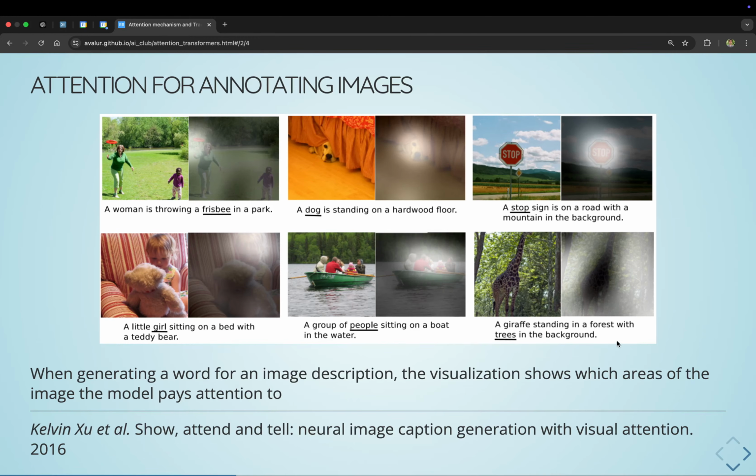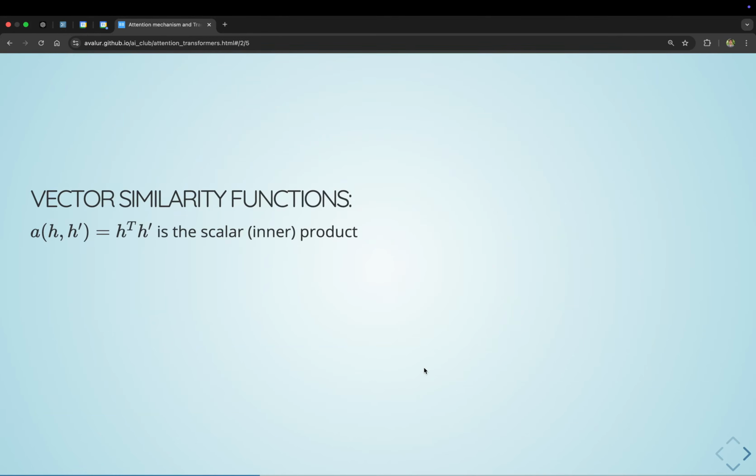Then we generate the word trees, for example. Again, the largest values of the attention are everywhere except the giraffe part of the image. Yeah, so it works. And what is inside the attention mechanism?